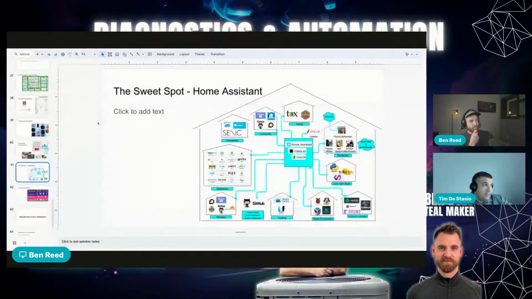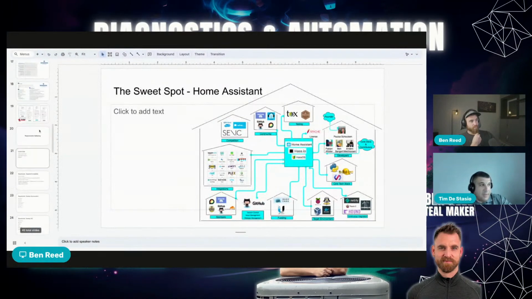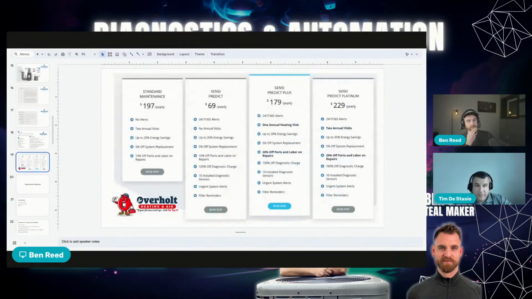But there needs to be a business model around it. I've got slide 19 open right now, a screenshot from Overholt Heating and Air, who apparently have implemented a lot of Sensis, and they've got different service plans based on that.